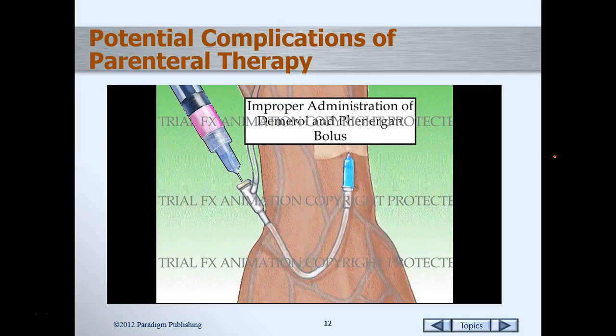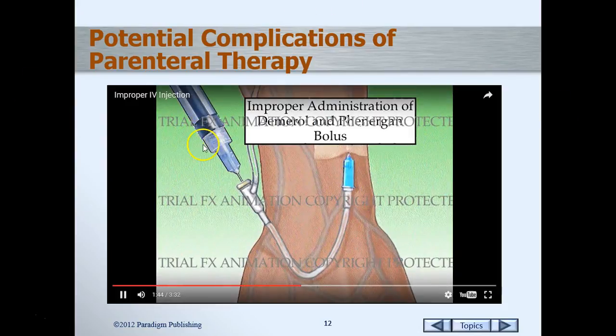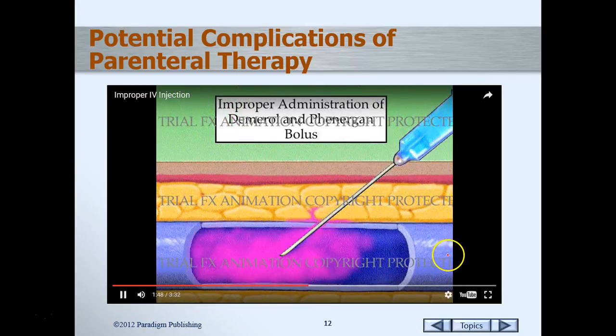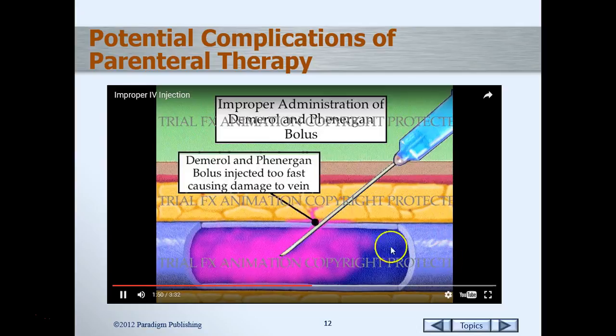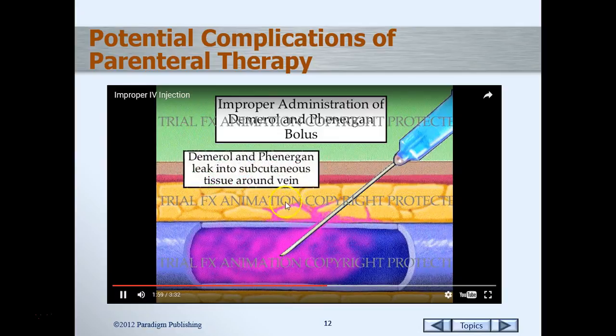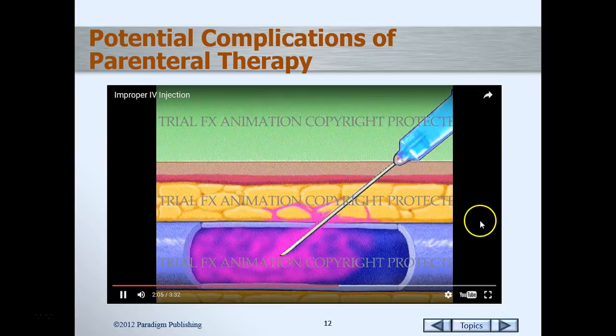The next illustration is where they push this too quickly, so it forces all of the medication into the vein. When it does that, it can cause damage to the vein, as illustrated here, and then the medication can start to seep out and infiltrate into that subcutaneous tissue.